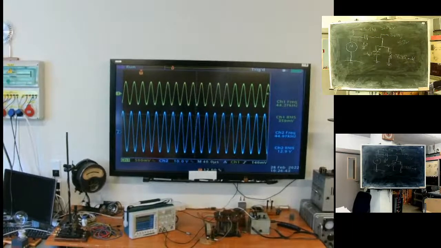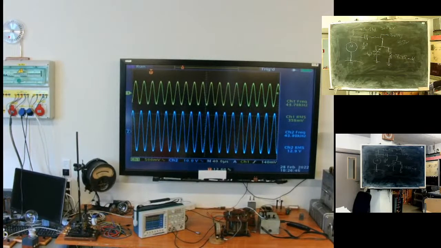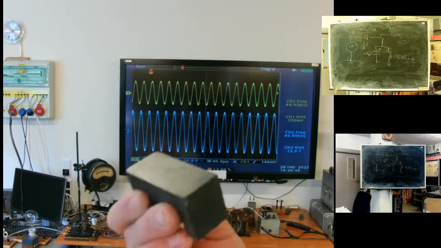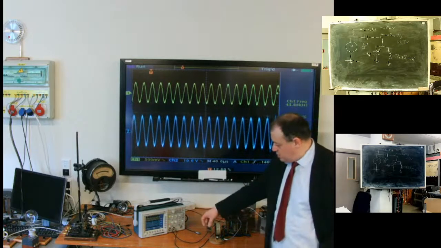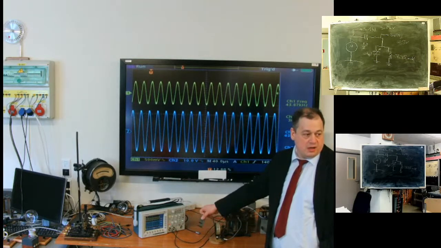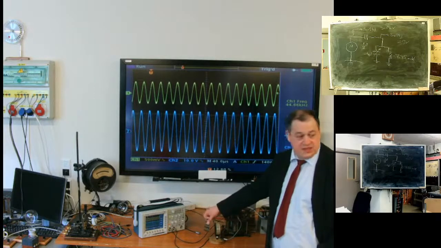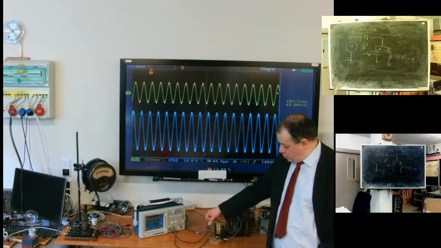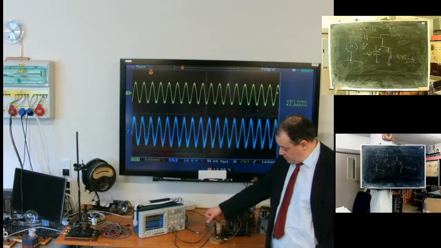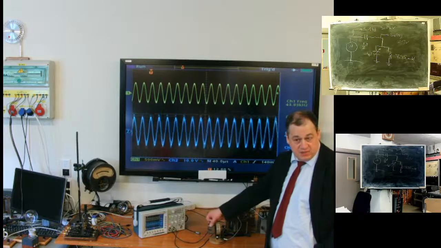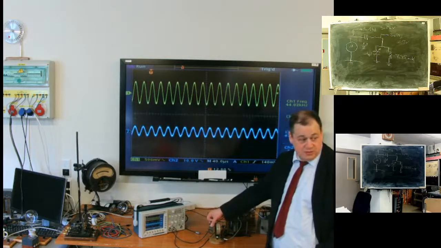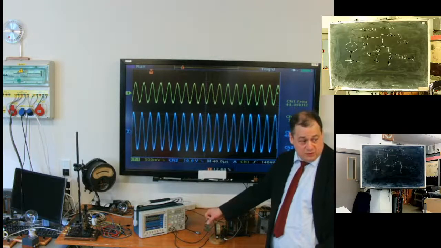One second, I will adjust. I have this ferrite block. Take a look. I'm changing the magnetic conductivity of the coil environment. I'm increasing magnetic conductivity. This means I'm increasing the amount of energy the magnetic field of the coil can store.